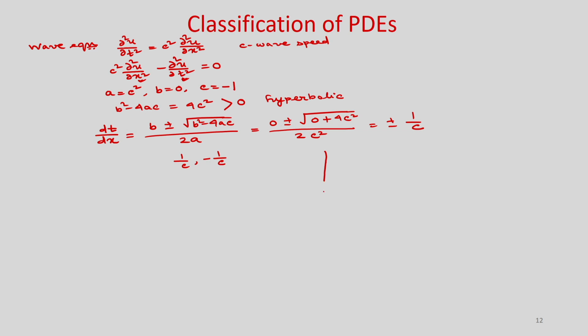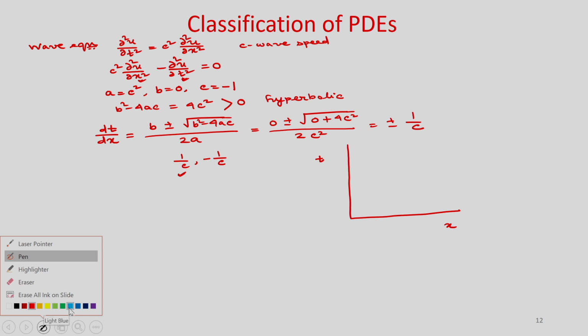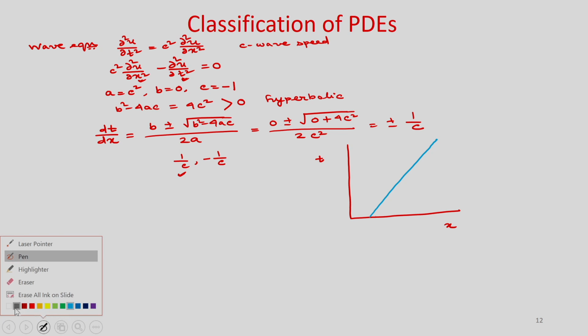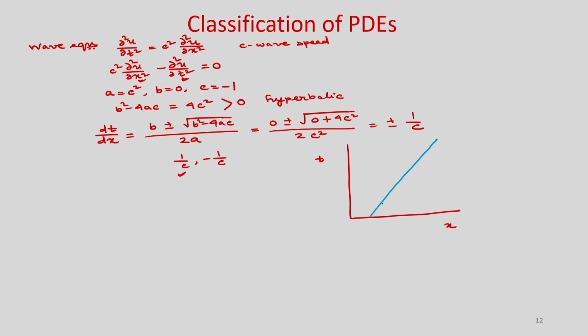Now, if you plot it, this is x and this is your t. If you plot 1 by c, then you will get the curve like this, because you will have the slope.